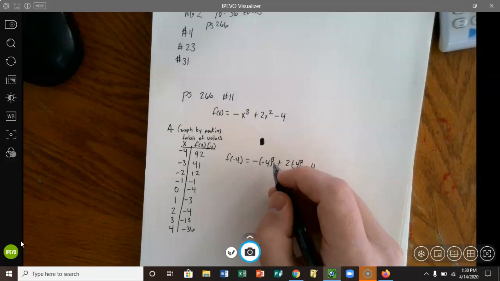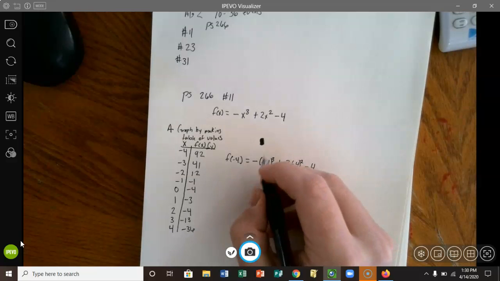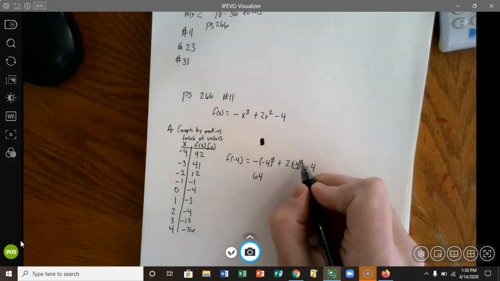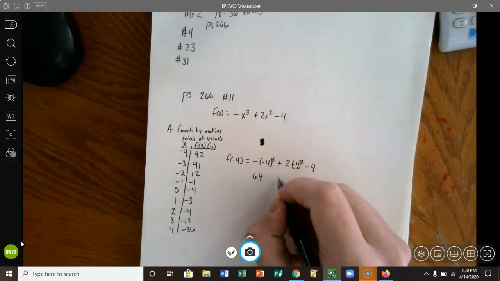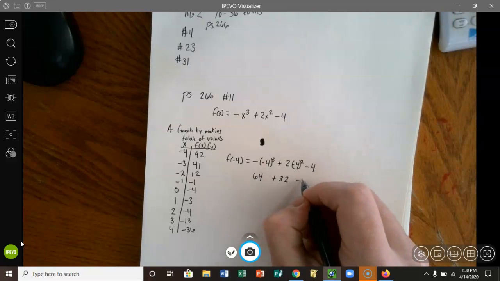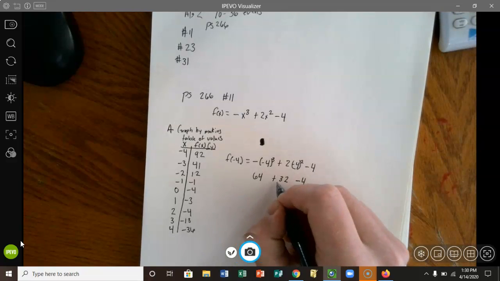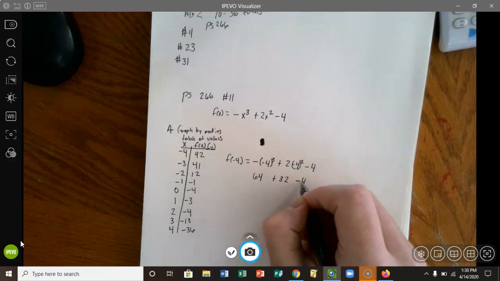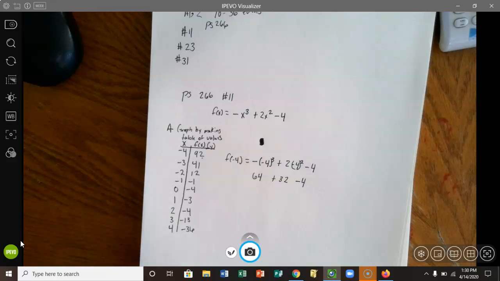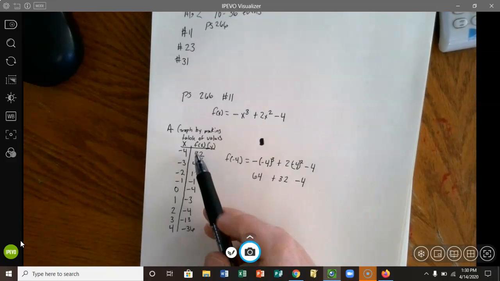So negative 4 cubed is negative 64, but that's times a negative 1, so that's going to be 64. Negative 4 squared is 16, times 2 is 32. So 64 plus 32 is 96. Minus 4 is how I get 92 here. So this will be your answers for A.